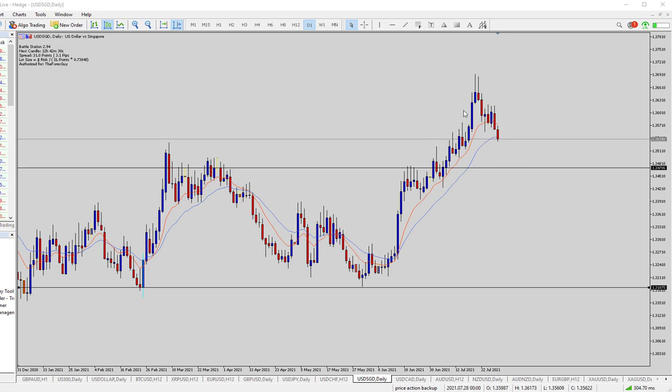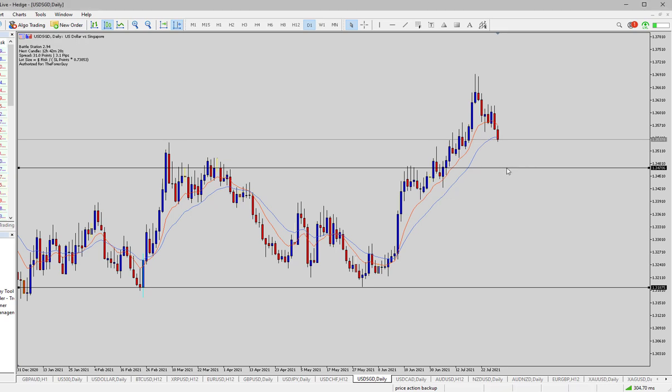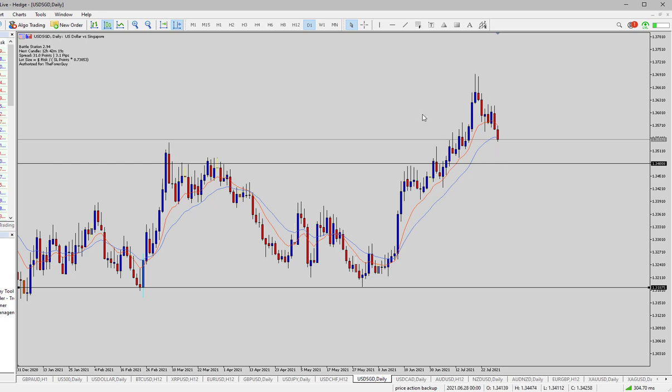So we may get a full correction back to here, but that would be quite a large swing, and it's definitely an area of interest to watch, this focus point here, because it's the old structure, of course. We might be able to refine that a bit, but that's basically what we're dealing with here, just a breakout, and we're just kind of waiting for the market's next signal to tell us if we can get in with the breakout momentum or not.